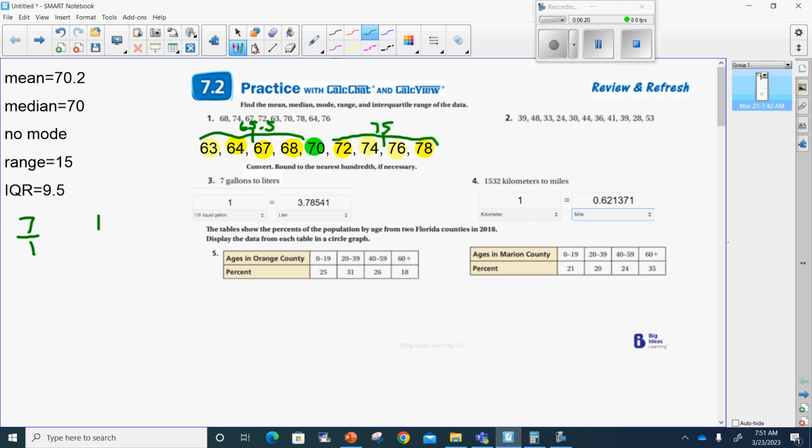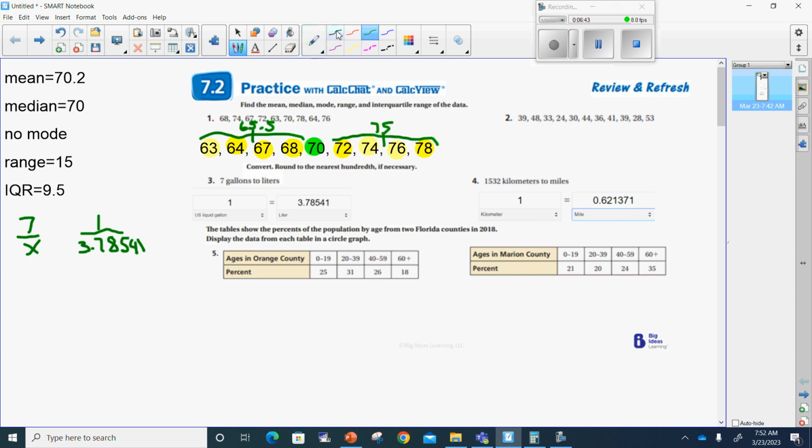Oh, actually, this is x liters. Let me erase this 1 on the bottom. I'm a little ahead of myself. So 1 gallon is going to be equal to 3.78541 liters. I'm looking for this number here.